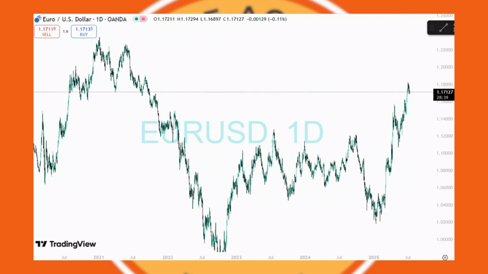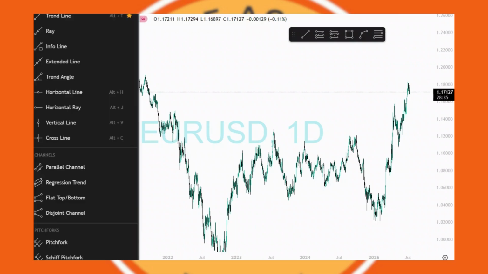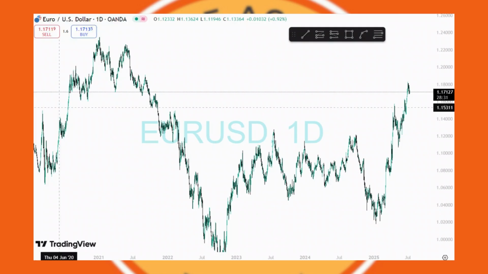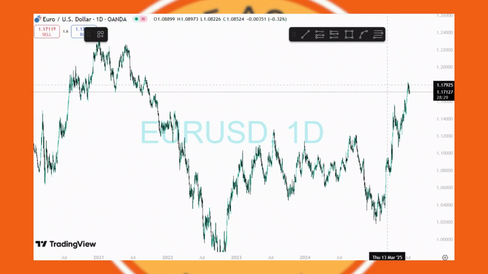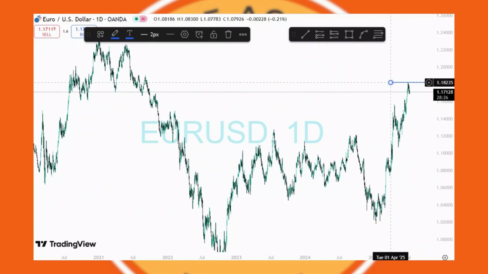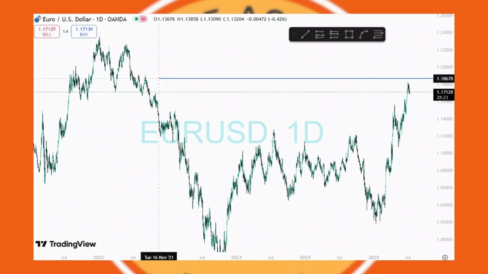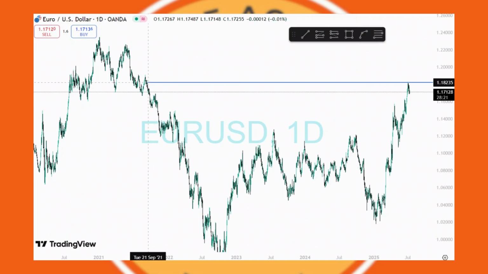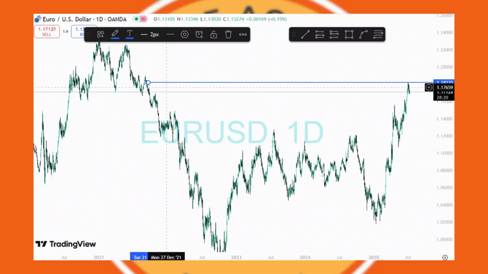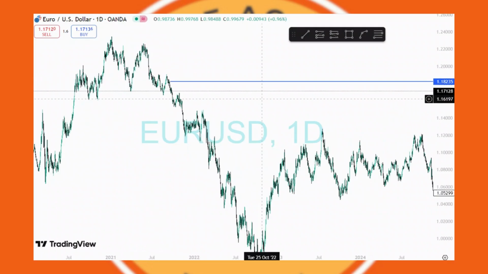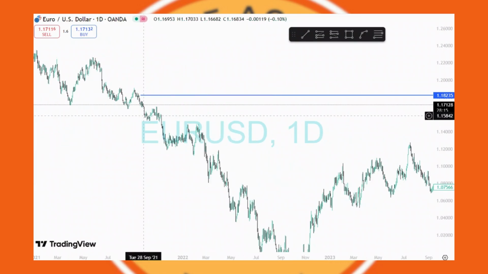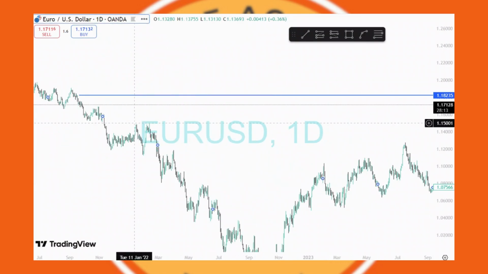So the market reversed here on this level. Let me just mark it out now. Right, the market reversed here, but if we look really close, it's not threatening.